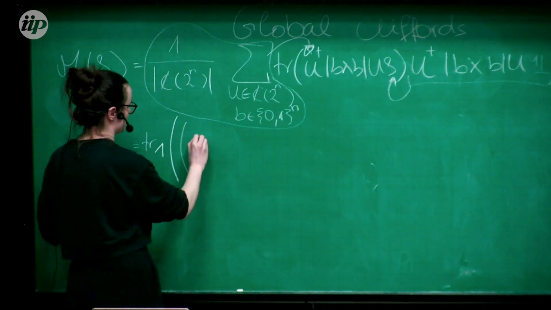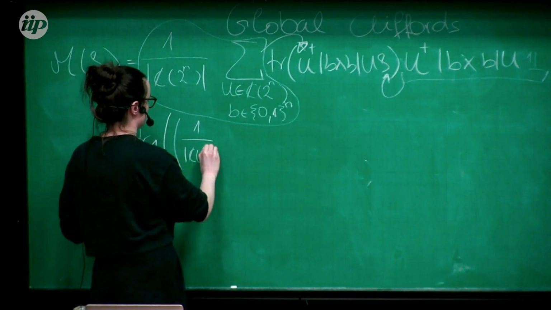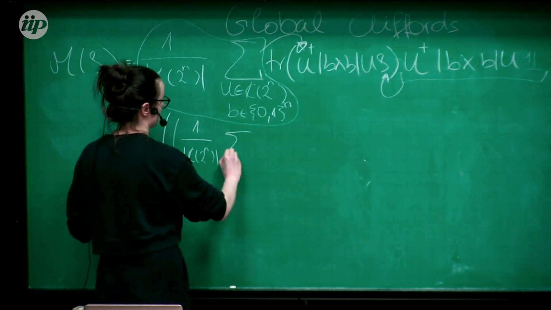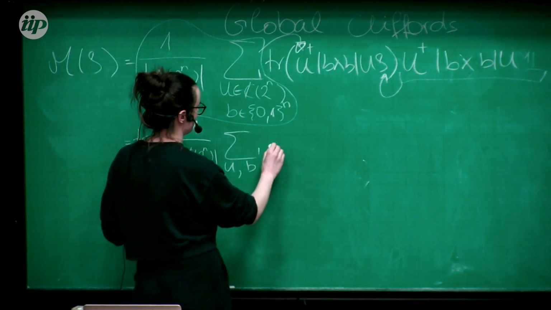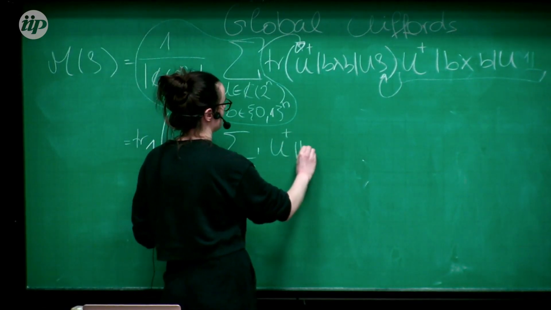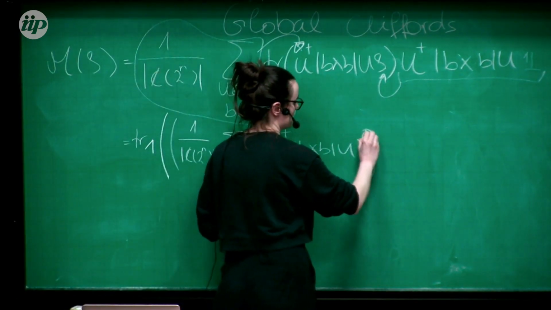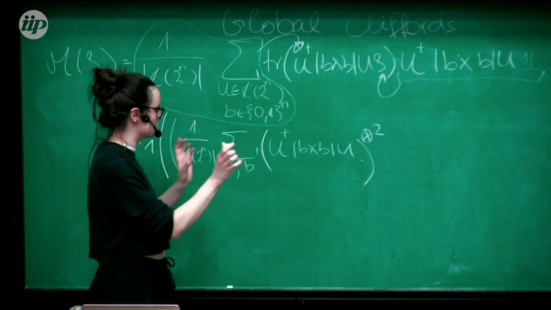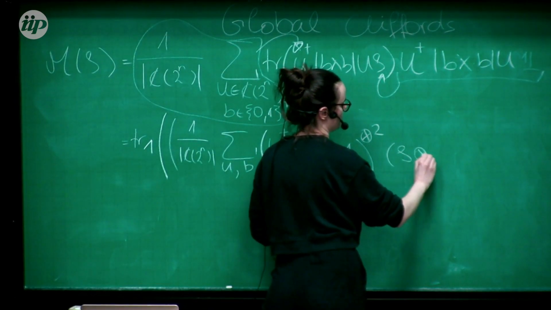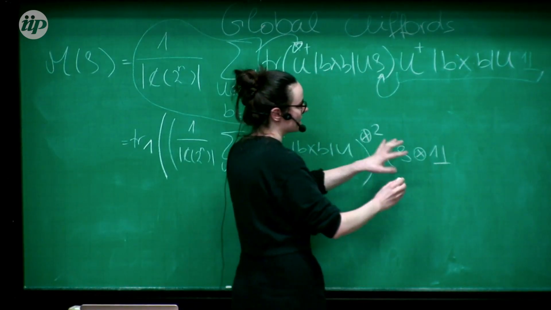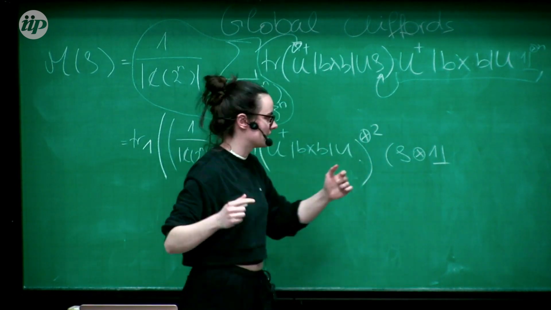Now we have a huge sum, brackets, sum over, I will not write that out, I think you know what that means. And then we have U dagger B, B, U. We have this twice, so on 2 tensor spaces, and then we shall not forget rho tensor, and then an identity that actually is n many single qubit identities.